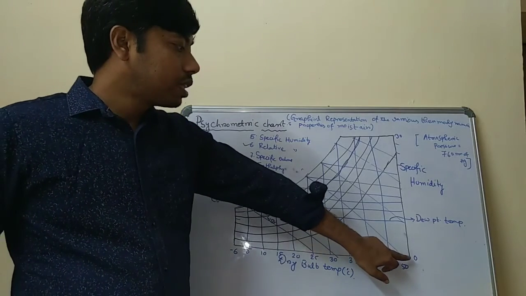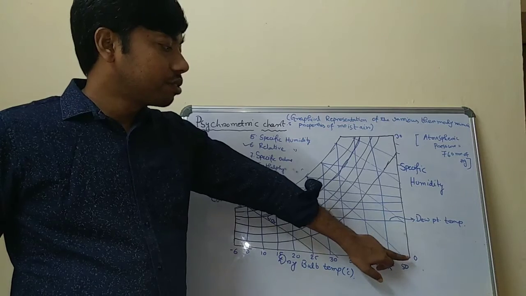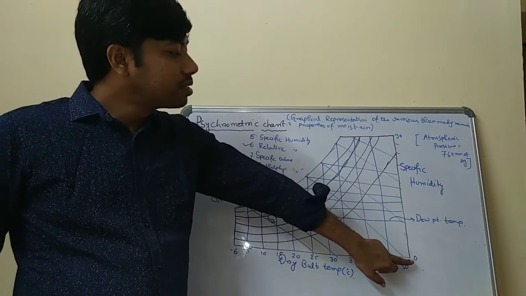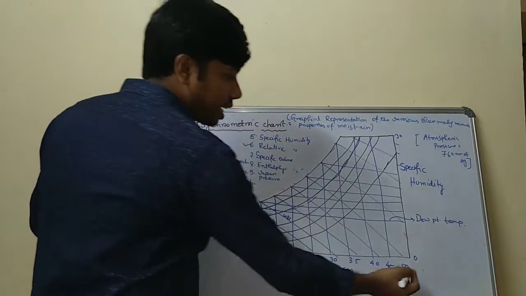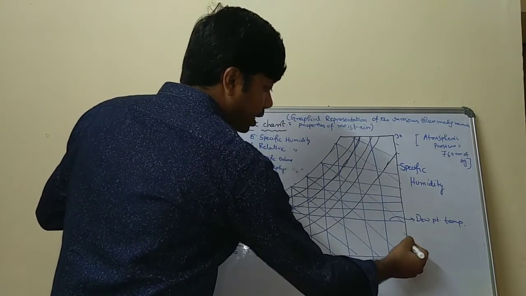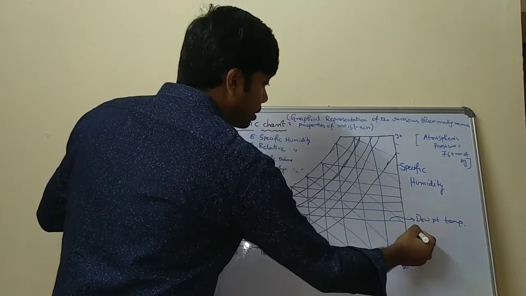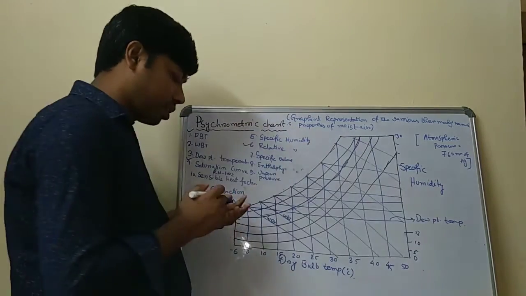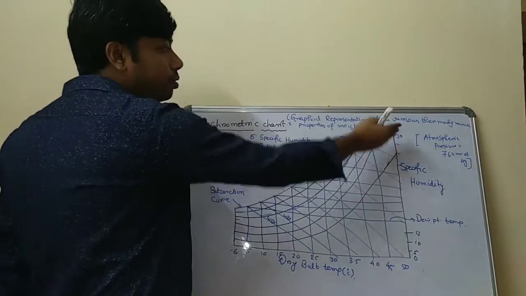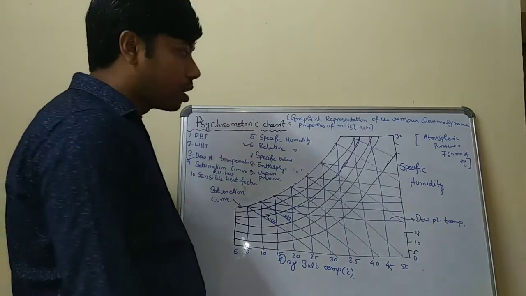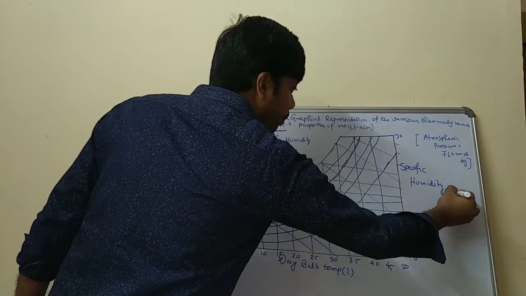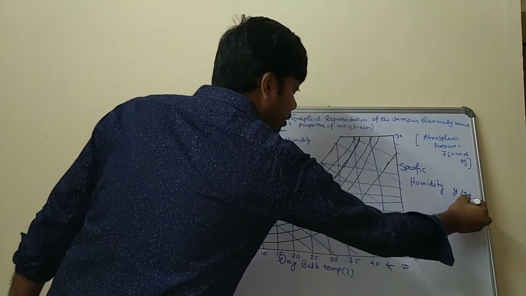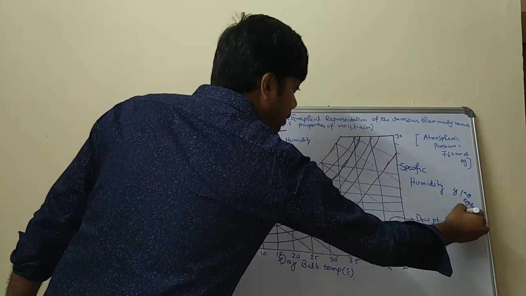On the chart it ranges from 0 to 30, uniformly spaced, maybe 5, 10, 15, like this, up to 30, which means 30 gram per kg of dry air.